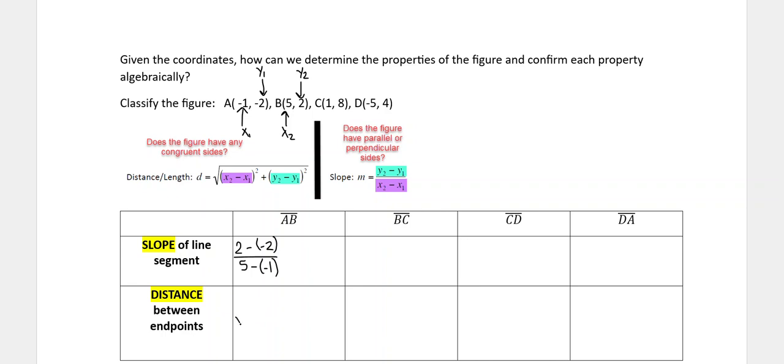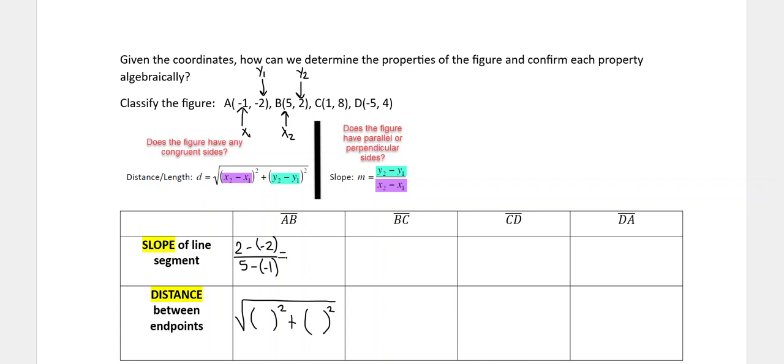Looking at that in the distance formula, we're going to do the square root of that same answer squared plus the other answer squared to get the distance between the endpoints. So when we do this computation, we know we're also getting those answers that are going to be applied in the distance formula.